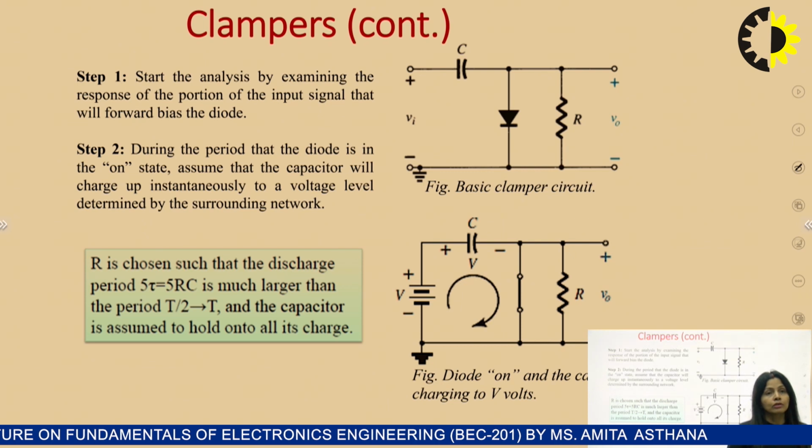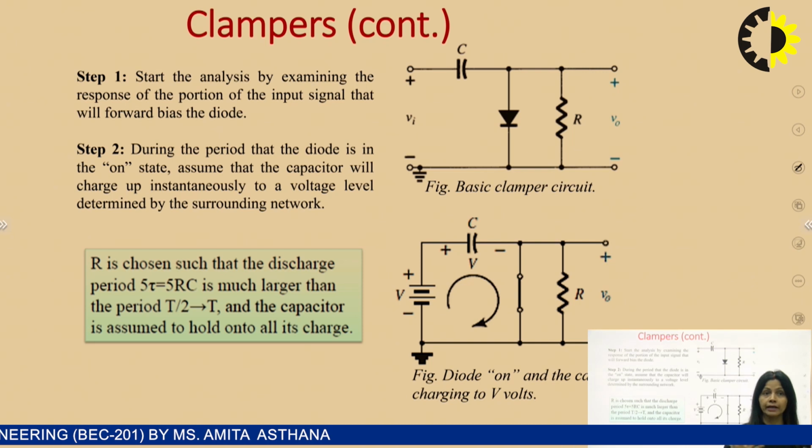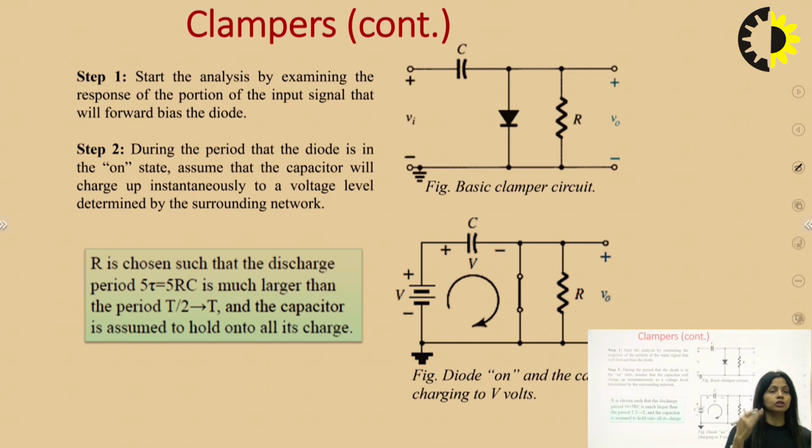Again, now you go to that portion of the input waveform where your diode is in reverse bias condition. I am repeating and emphasizing this particular sentence: you go to that portion of the input waveform where your diode is reverse biased, and don't change the charge or the voltage on the capacitor.